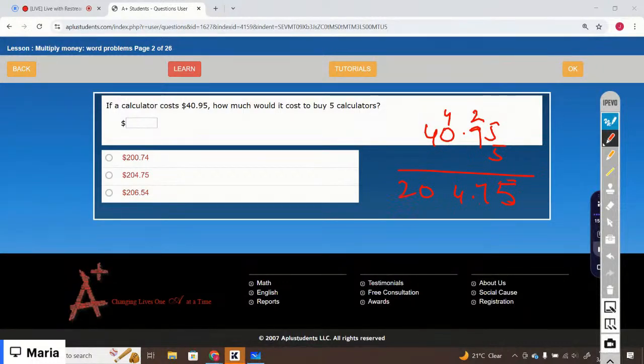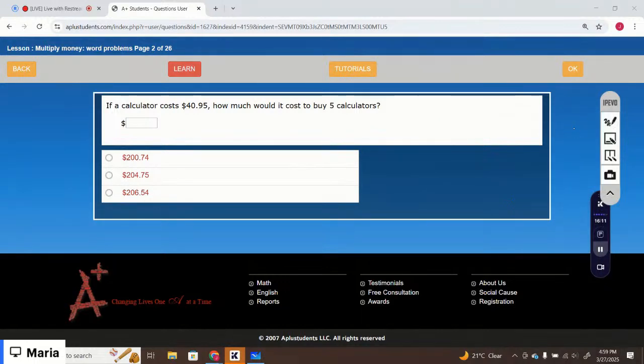The cost of the five calculators is 204.75. Option number 2 is the correct option.